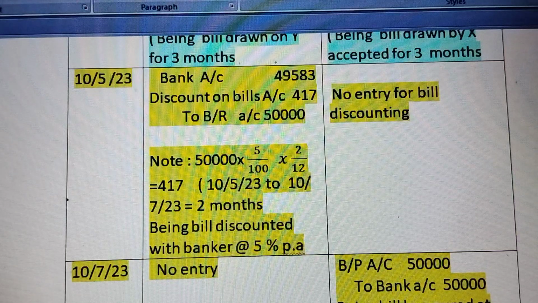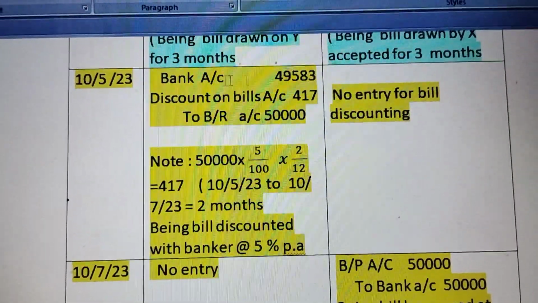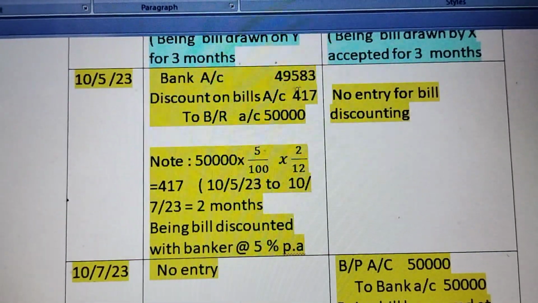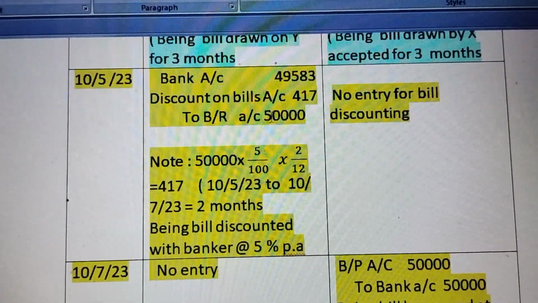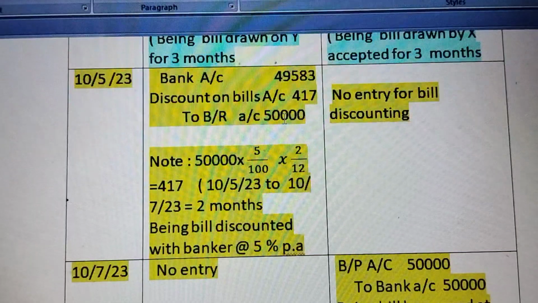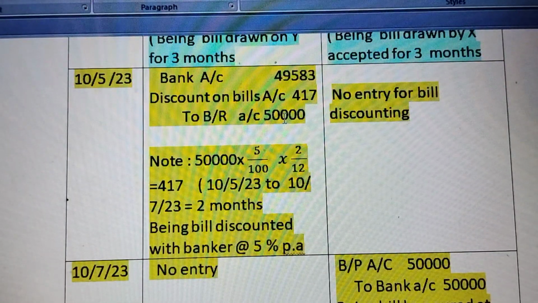The drawer is not going to receive the full value of the bill. The banker will charge a certain amount as interest, which is known as discount on bills. Bills receivable is credited 50,000, but we have to find out the amount of discount on bills.